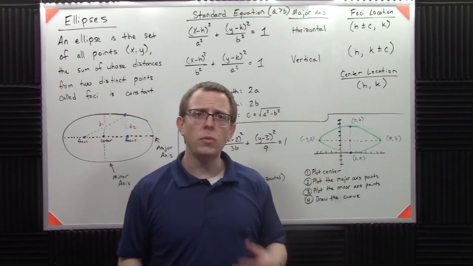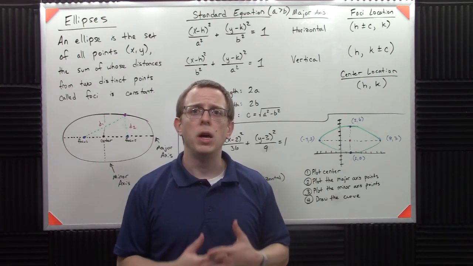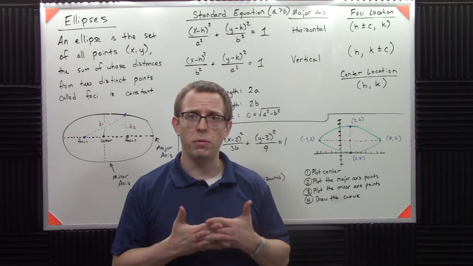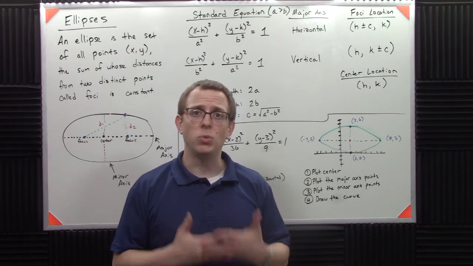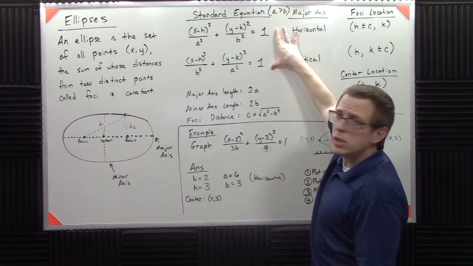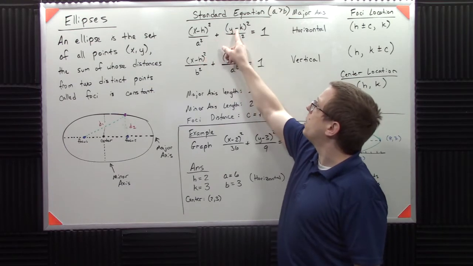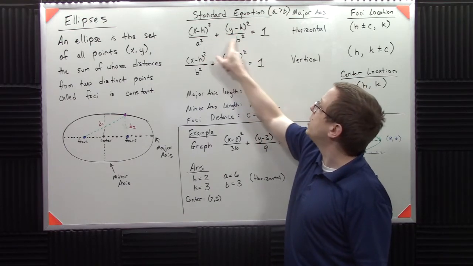Now, again, algebraically, we have two standard equations here. The way you determine which type of ellipse you're dealing with is really which number is bigger than the other. So if you take a look up here, these equations are pretty much exactly the same. You have (x - h)^2, you have (y - k)^2, you have a^2 and b^2.